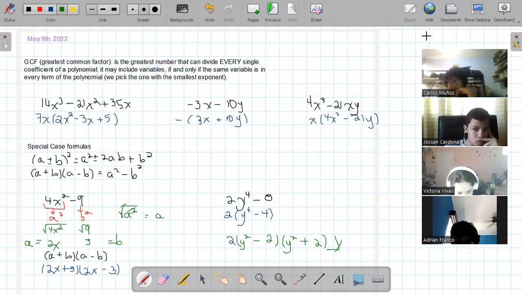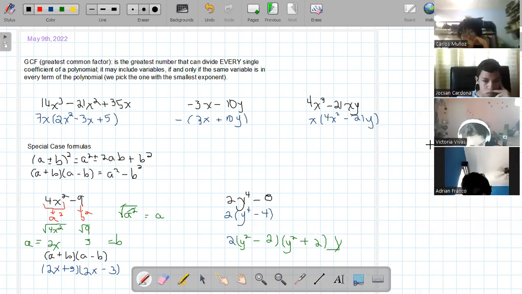I'm going to leave you one extra exercise, only one. And you need to try and see if you can simplify it as many times as possible. Okay, this is an extra exercise.